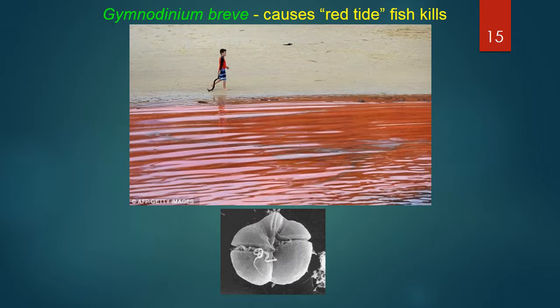Okay, the third you may have seen before. Gymnodinium causes what we call the red tide, which causes fish kills. And if you take a look down here at the bottom, if you see that dinoflagellate, you might notice something a little different. It doesn't have those silica plates, so it's called an unarmored dinoflagellate.